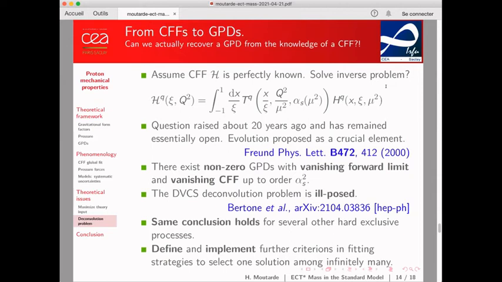It turns out that there exist non-zero GPDs, generalized parton distributions, which have a vanishing forward limit and a vanishing Compton form factor up to alpha_s squared, which means that we can systematically build a generalized parton distribution with a vanishing PDF or a vanishing Compton form factor at leading order and next to leading order.